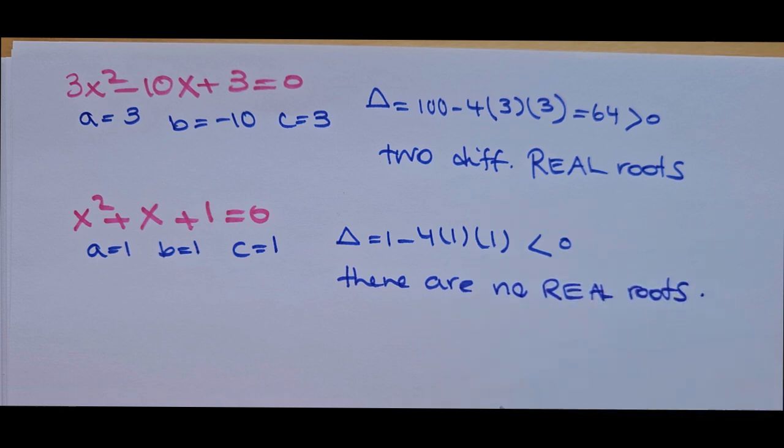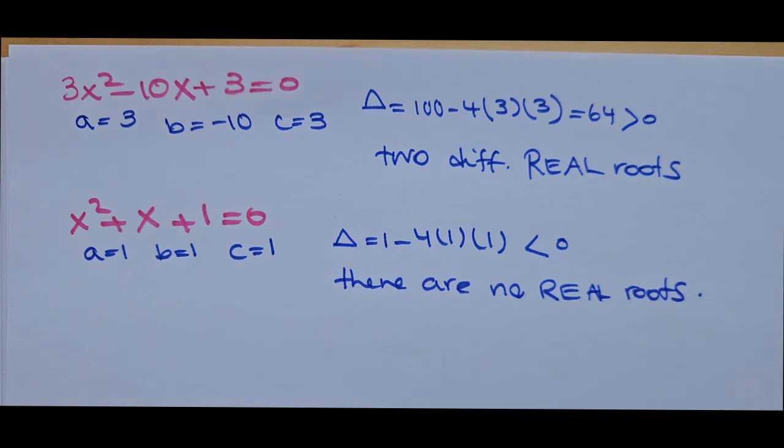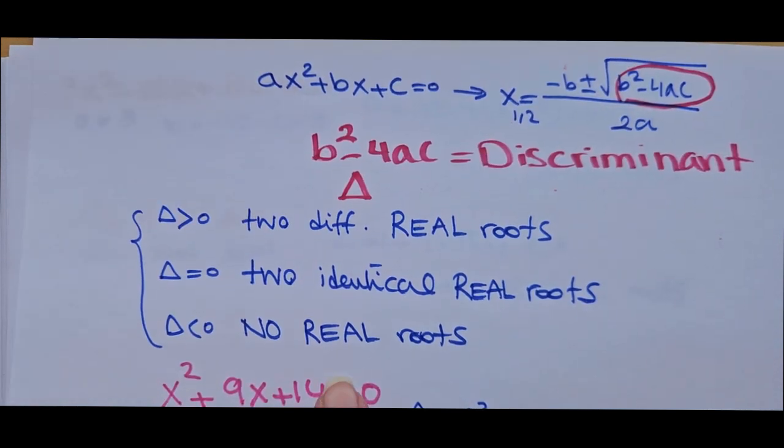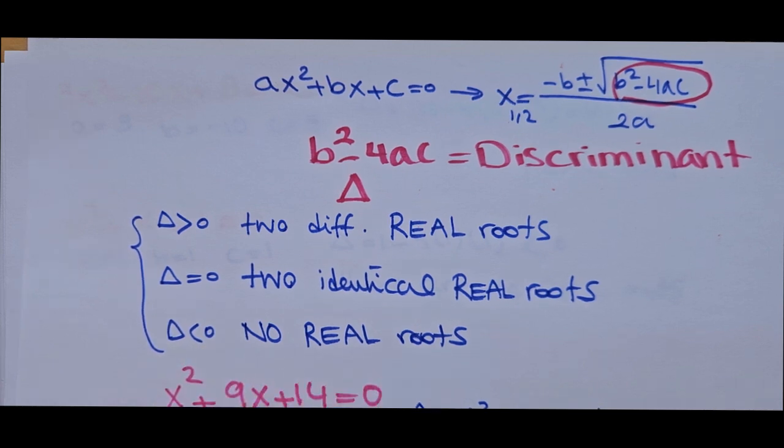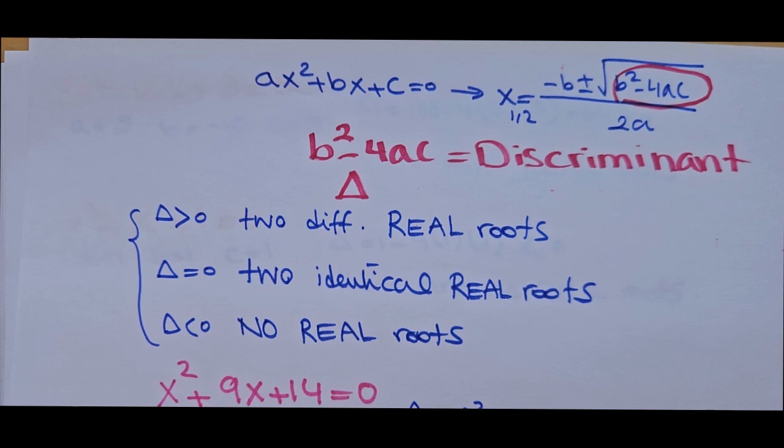Remember, guys, no real roots. Back to these three different categories, you would see that when the discriminant is less than 0, there are no real roots. When you learn about complex numbers, you will see that there would be two roots, but of complex numbers, imaginary.